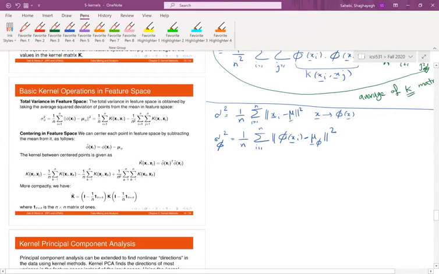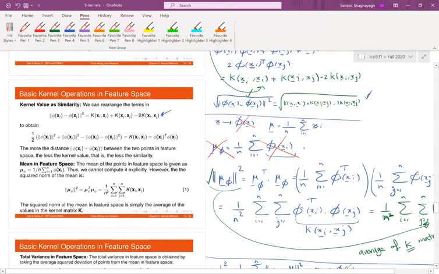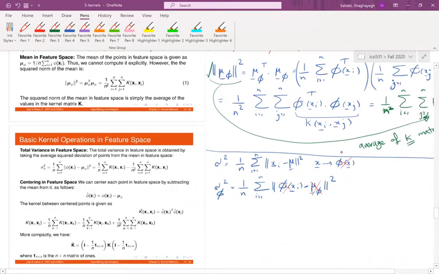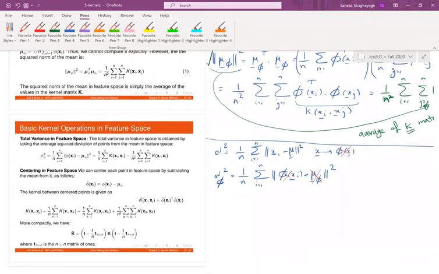Okay. If I don't have my phi of x, I don't have my phi of xi. Also, we know that we cannot have mu of phi without having phi of x. We have already seen that here, right? But let's see if I can figure this out, maybe make it a little bit different and fix this so that we can calculate this.